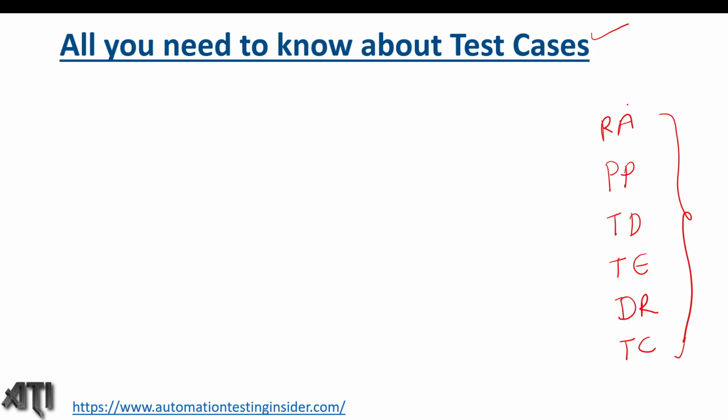We have already discussed requirement analysis and project planning, where we talked about what is a project plan, and later on test strategy and the difference between test plan and test strategy. Now today we'll focus on test case design, where we'll discuss what is test scenario, what is test cases, how to write good test cases, and the format of test cases.